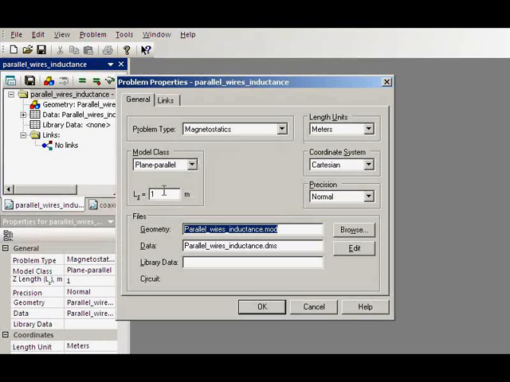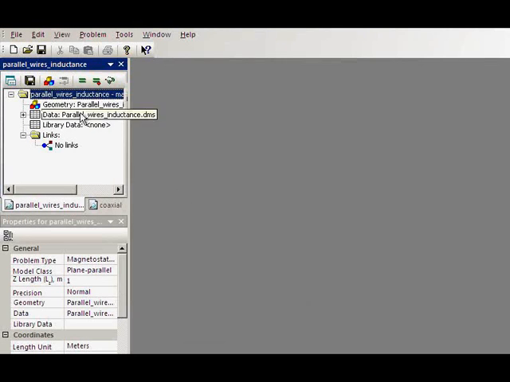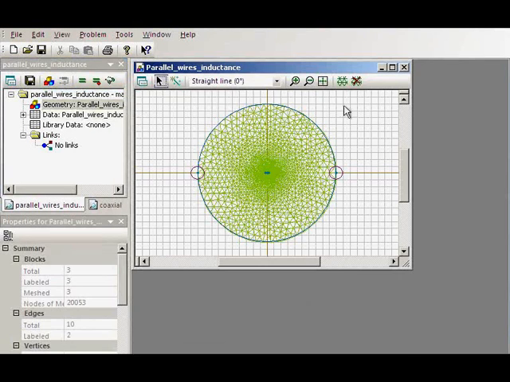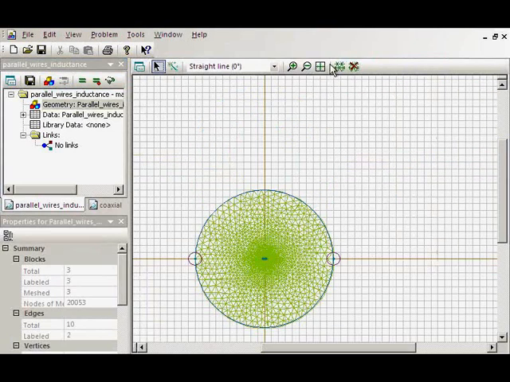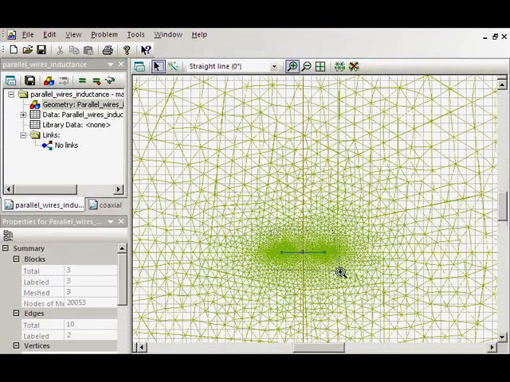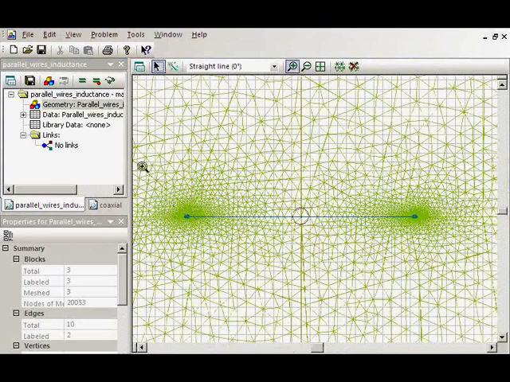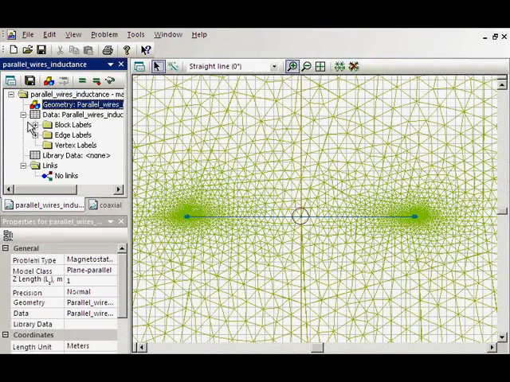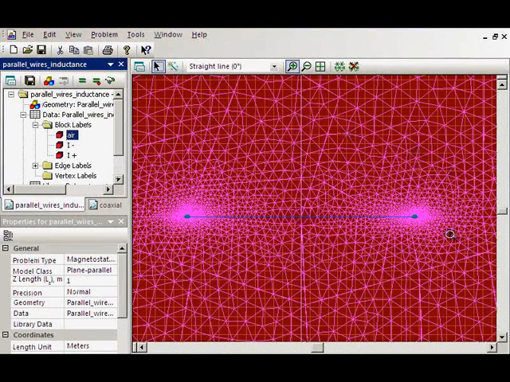And I will calculate the inductance value per 1 meter of depth. This is my model. This is the air.